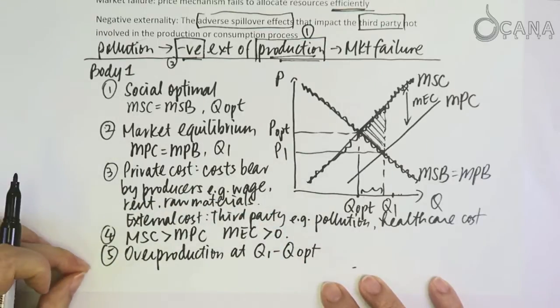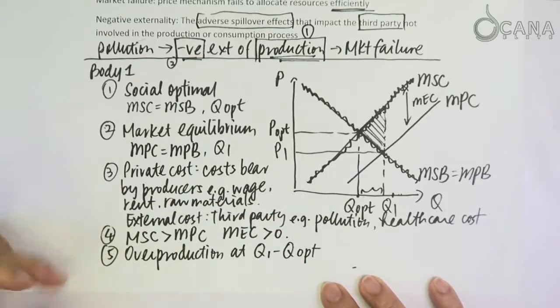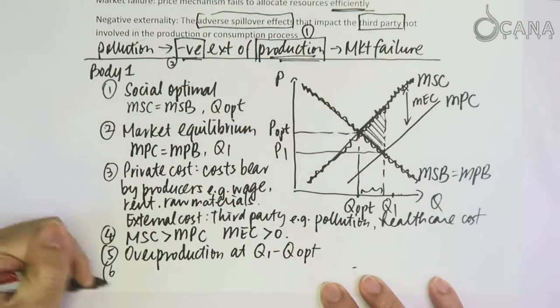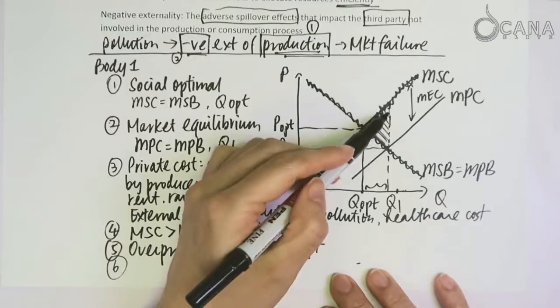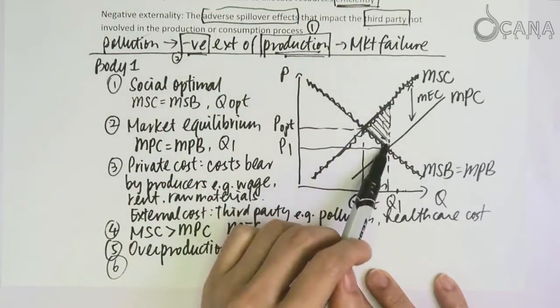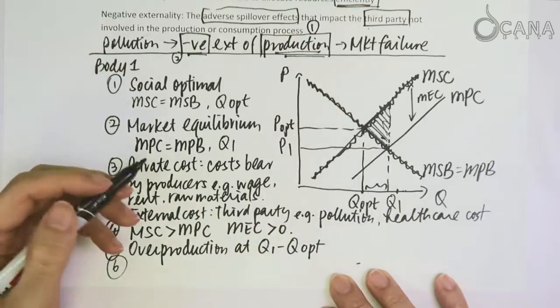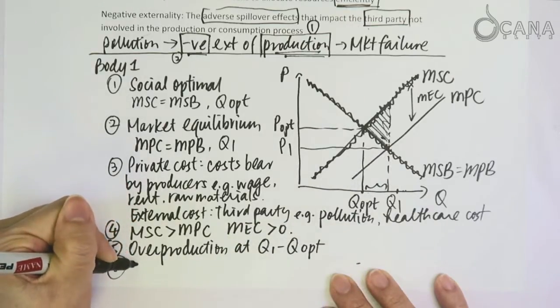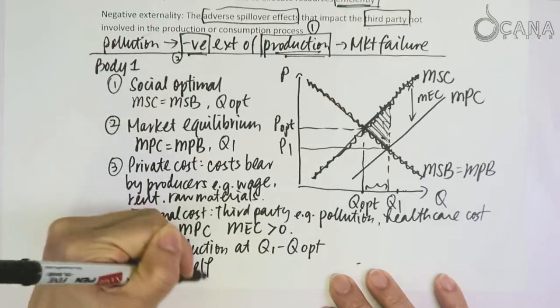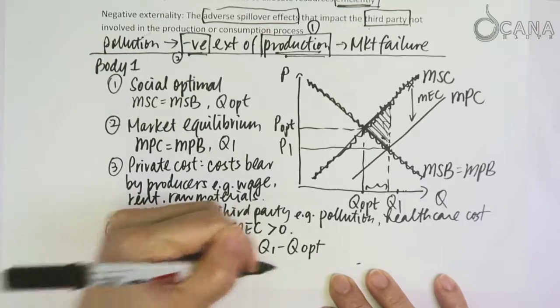Now, some students stop here, but indeed the question is on why is there market failure in the market? So last but not least, we got to talk about the inefficiency in the market. And the inefficiency is actually demonstrated by the deadweight loss. So I would say that the deadweight loss or the social welfare loss, they meant the same thing. The social welfare loss is a triangle.